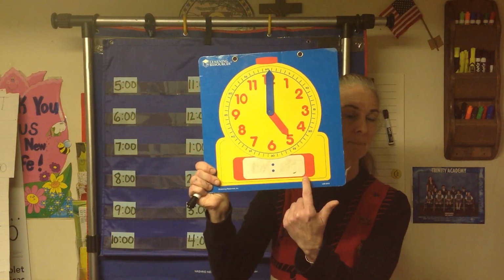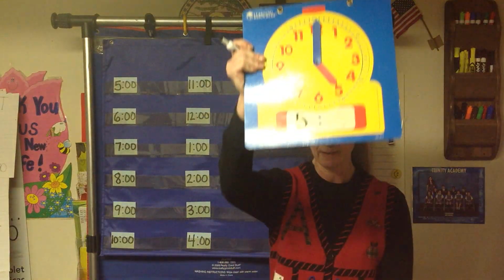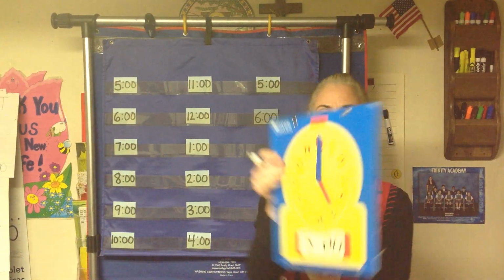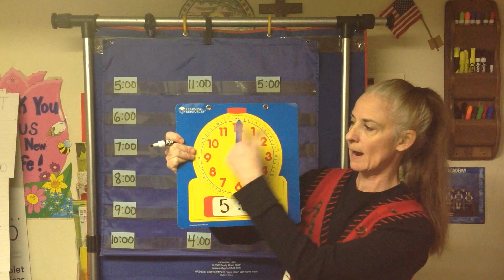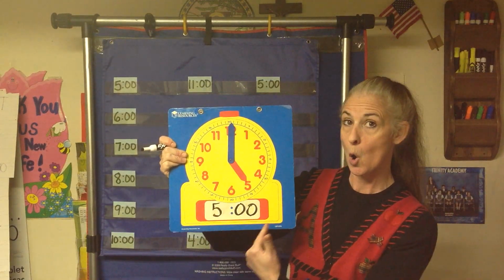Now at the bottom, take your dry erase marker, and we're going to put 5. That's the hour. Then 00. So now our analog time matches our digital time. 5:00.